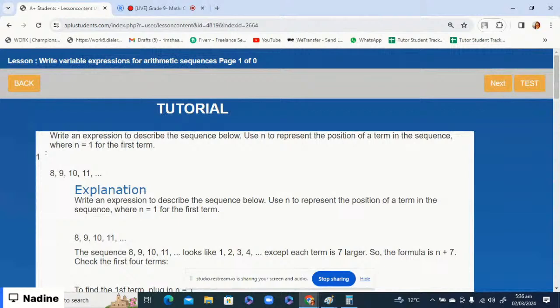Now 9, 10 and 11. First of all, we are going to check the position of the terms. If there is a sequence like 8, 9, 10, 11, it's just like 1, 2, 3, 4. I'm going to write it here now.